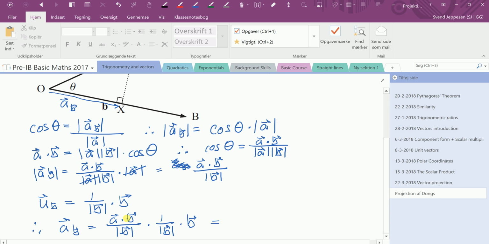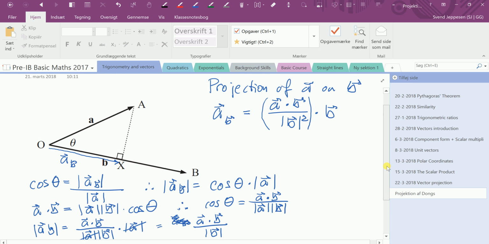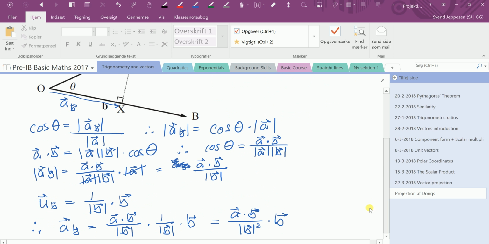We multiply numerator by numerator, so that's A dot B. And we go denominator by denominator, so that's magnitude B squared. And all that scalar is multiplied to the B vector. And this is actually the formula that we wanted to find, if you look back up here. So this is the projection.